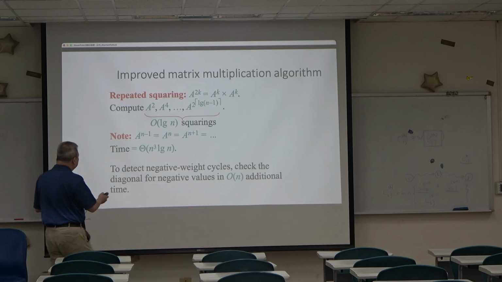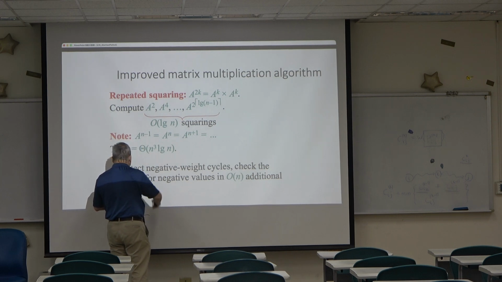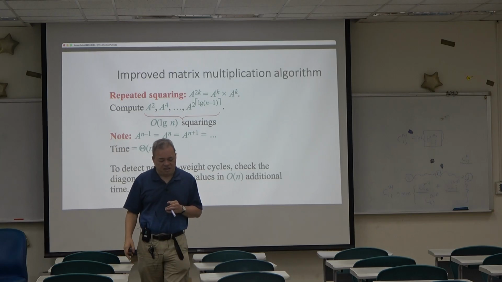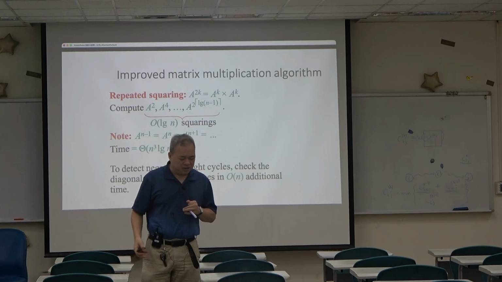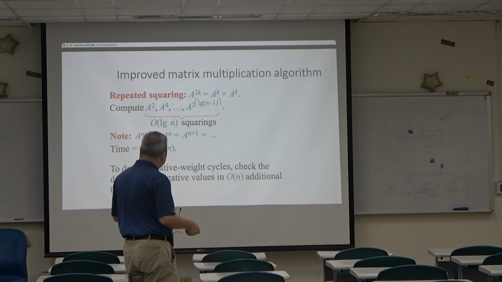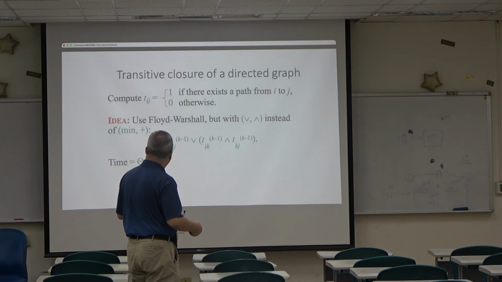Remember, this one, after we do some optimization for the matrix multiplication, we can still only get n cubed log n. But Floyd-Warshall does not require any additional matrix multiplication optimization, and it already has a lower complexity than the previous approach.